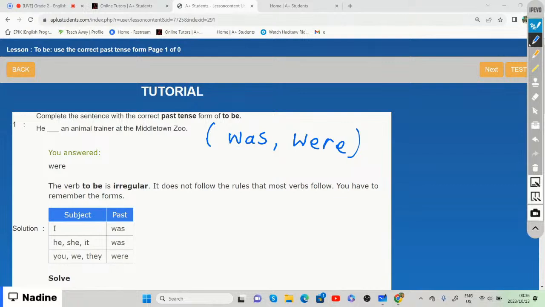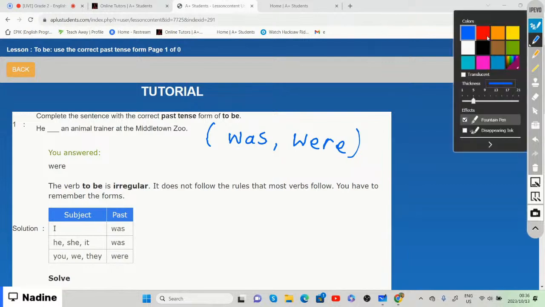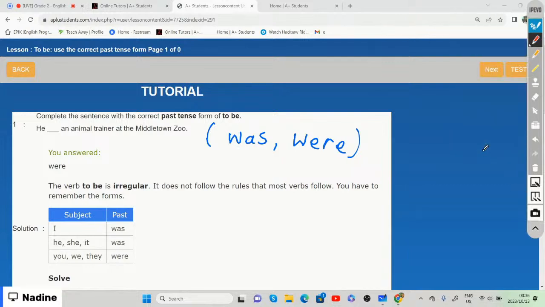So if we refer to he, remember we said he is one person, right? Or the subject is one. So which means that we will say he was. So we're going to circle was because was is our correct answer. So he was an animal trainer at the Middletown Zoo.